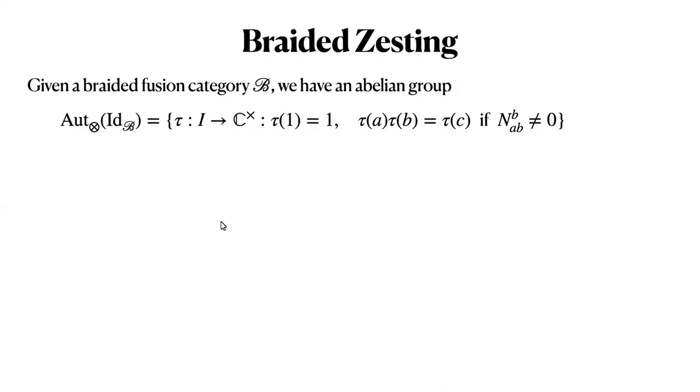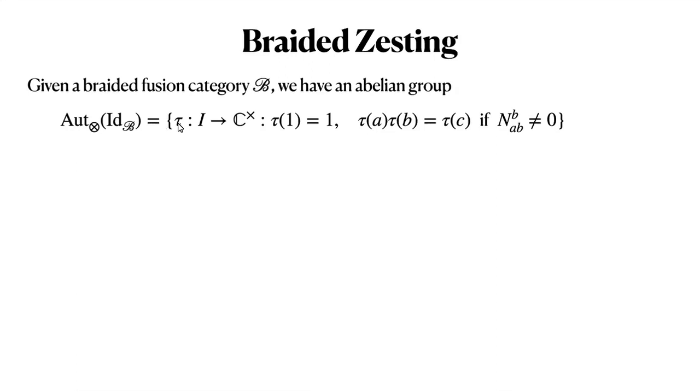Okay, now let's go to braided zestings. So we not only want to have a fusion category, we want to have also a braided category again. So I need to remember this thing. I will denote by Aut⊗(id_B) the abelian group of tensor automorphisms of the identity, that concretely can be described in the following way.